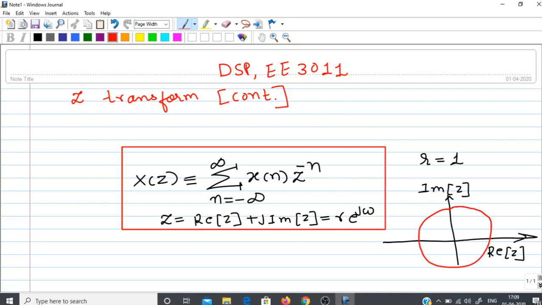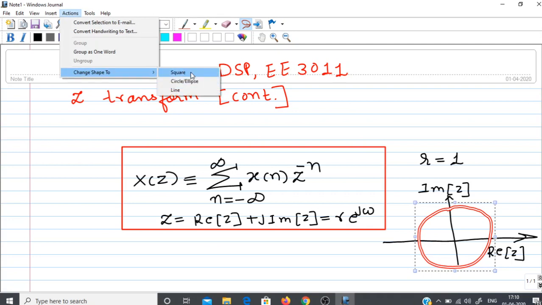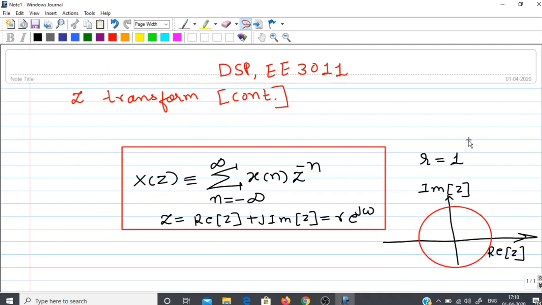This is the circle in the z plane whose center is the origin, 0, 0 is the center of this circle, and the radius of the circle is r equals 1.